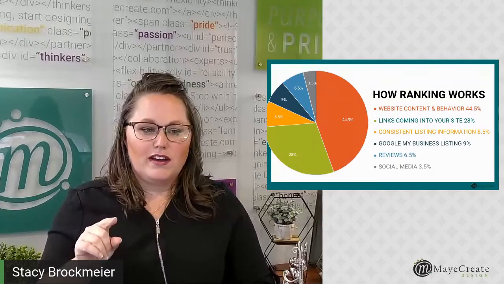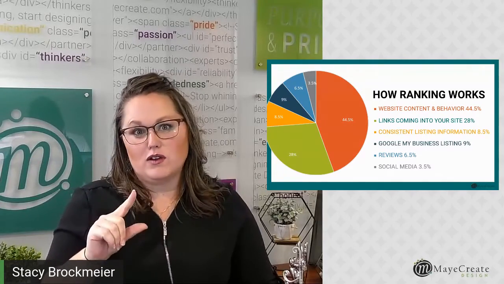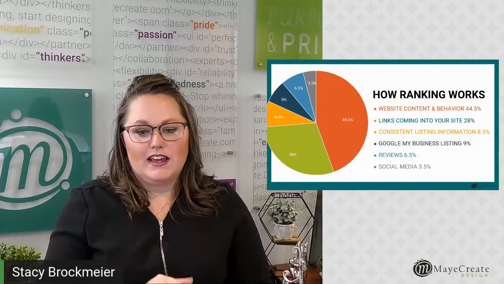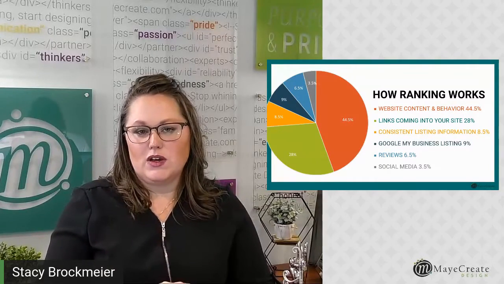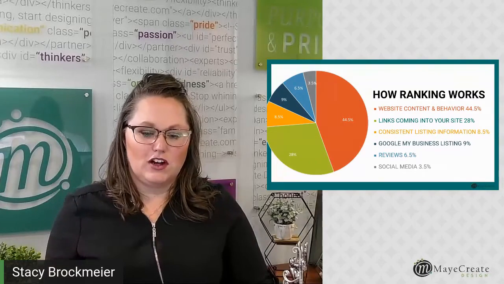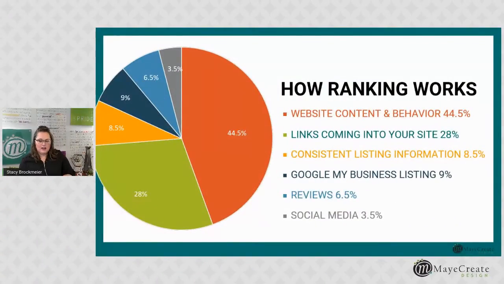So the one set that grows every year is your online listings. Google My Business listing and consistent listing information. So if you need a list of places that your website should be listed online, I can get that to you, and we can talk about where your website should be listed and how those listings should work.